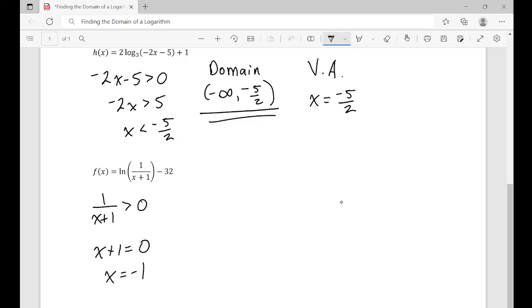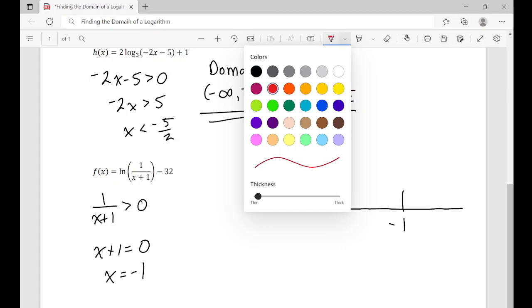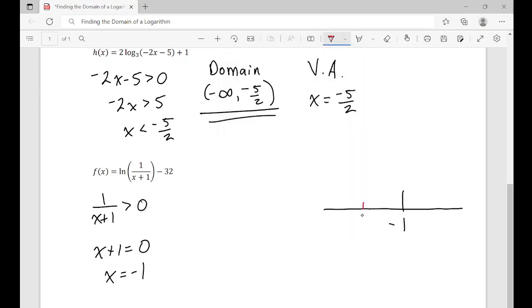Which is nice, but because it's a rational inequality, we need to see what's true and what's not. So put negative 1 in here, and we're going to do some test points. So negative 2 and 0. And I'll plug each one individually into my inequality here and see what's true and what's false.